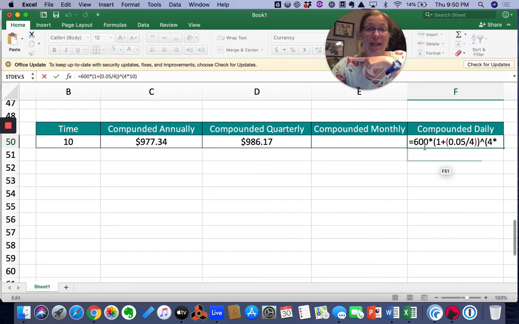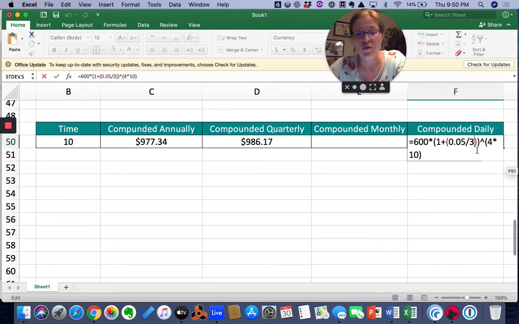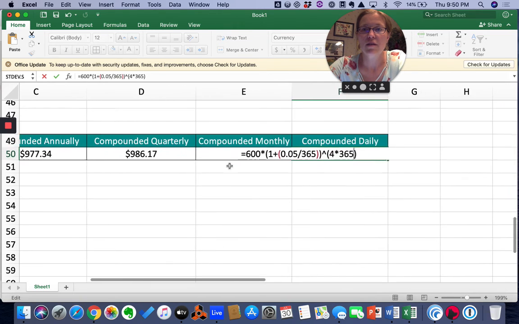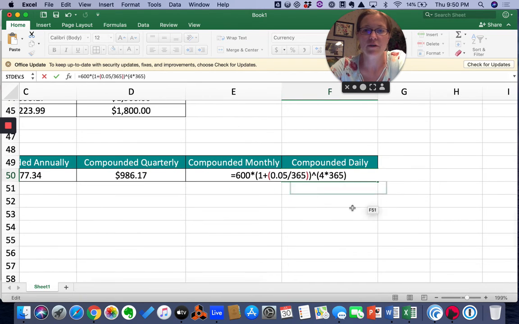So with quarterly, I was plugging in 4 for n. You can see the whole thing up here, and here it's larger. So instead of 4 times per year, since it's compounded daily, that's 365. And then also in my exponent, 365. Now you can see it better.